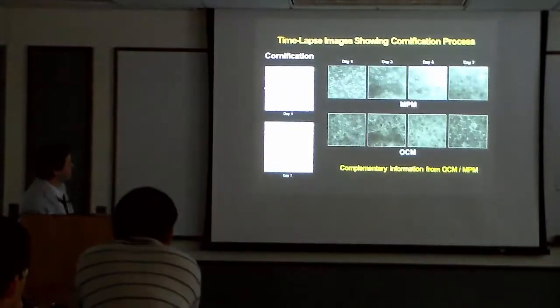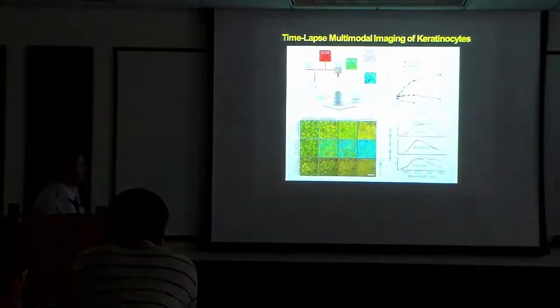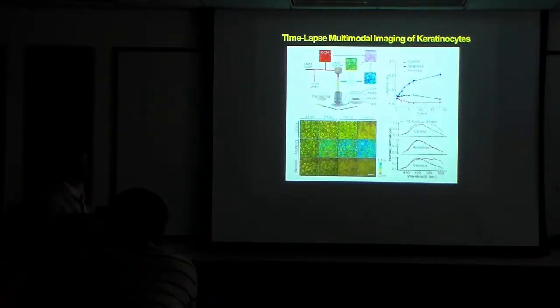So for this cornification process, from day 1 to day 7, for each of these modalities we see these changes, and we combine all this information to distinguish what might be going on.